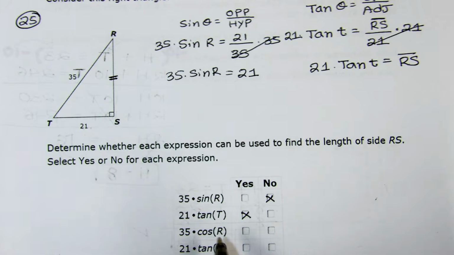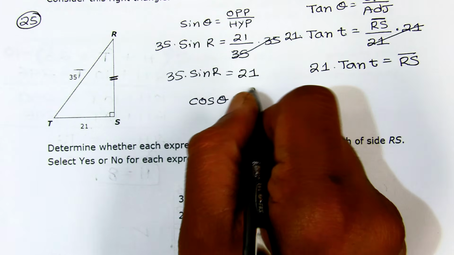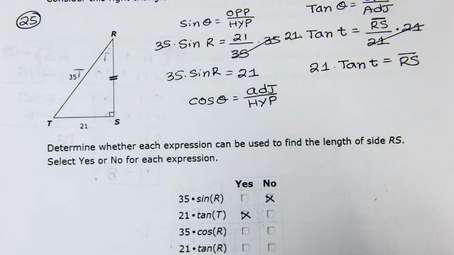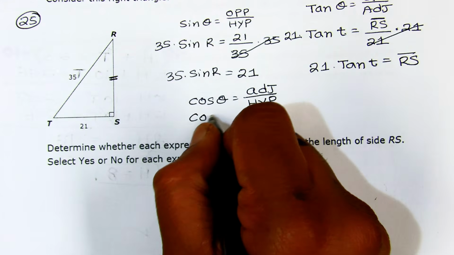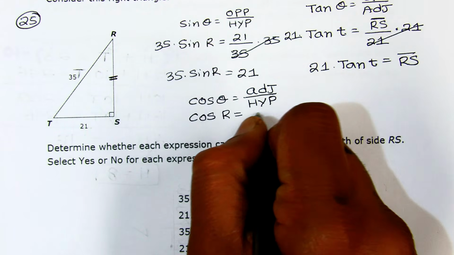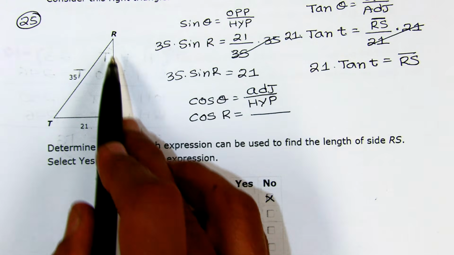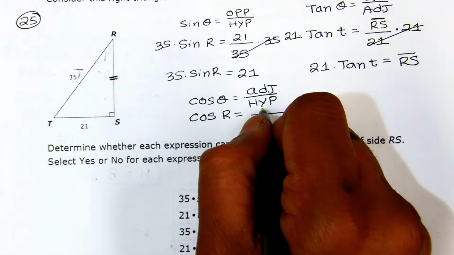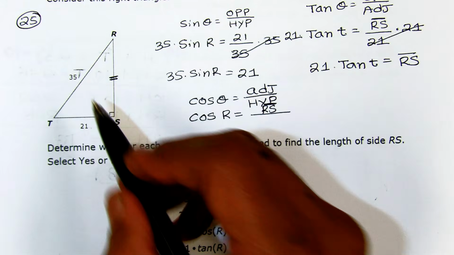We got two more to go. The next one says 35 cosine R. The definition of cosine is adjacent over hypotenuse. So I'm going to write this in terms of R: cosine R equals the adjacent side to R, which is side RS, and that's good to have, and the hypotenuse is 35.